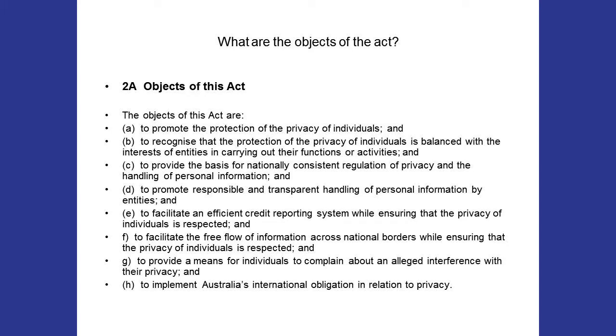The objects of the Act are to promote the protection of privacy of individuals, to recognise that the protection of the privacy of individuals is balanced with interests of entities in carrying out their functions, to provide the basis of nationally consistent regulation of privacy in the handling of personal information, to promote responsible and transparent handling of the information, to facilitate an efficient credit reporting system while ensuring that the privacy of individuals is respected, to facilitate the free flow of information, to provide a means for individuals to complain about alleged interference with their privacy, and to implement Australia's international obligation in relation to privacy.